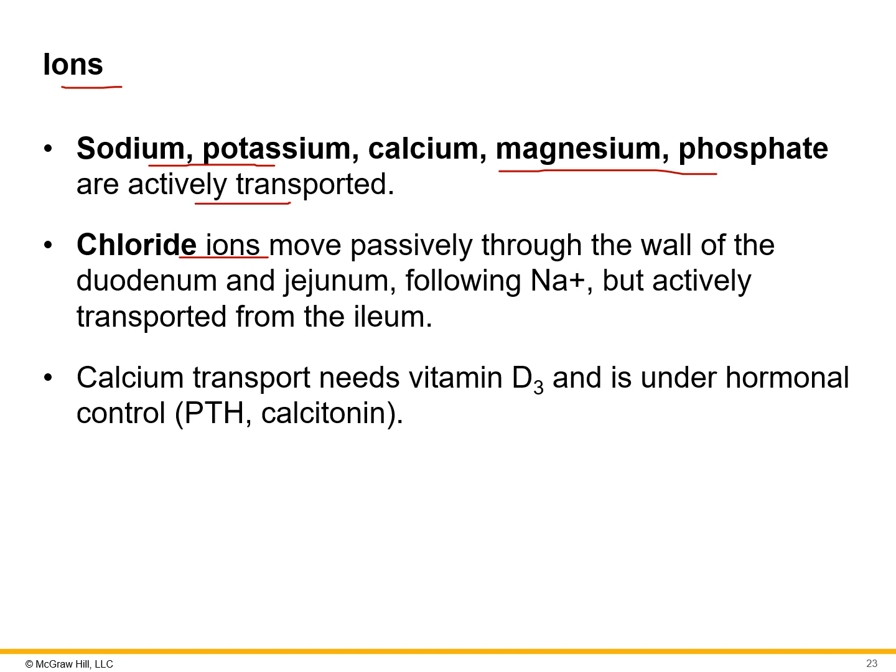Chloride ions can go by passively in the small intestine. They just go with sodium, but then they're actively transported in the ileum. And then calcium transport depends on vitamin D, and it's under hormonal control of parathyroid hormone and calcitonin. They control the absorption of calcium.